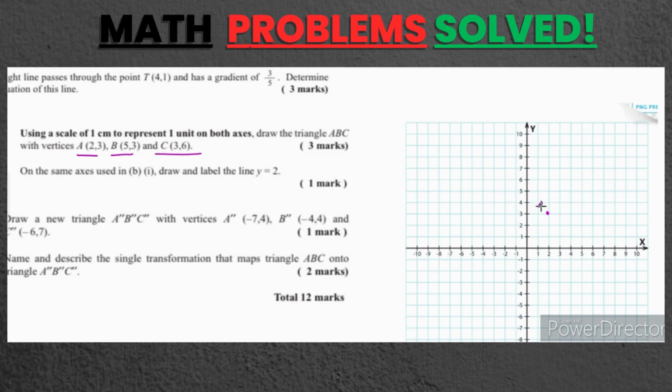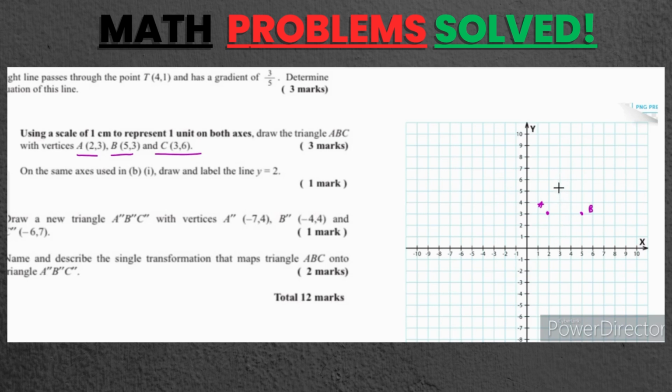And what is point B? On the x-axis 5 and on the y-axis 3. So this is the given point B. That's the second vertex of the triangle. The third one is (3, 6). X is 3 and y is 6.